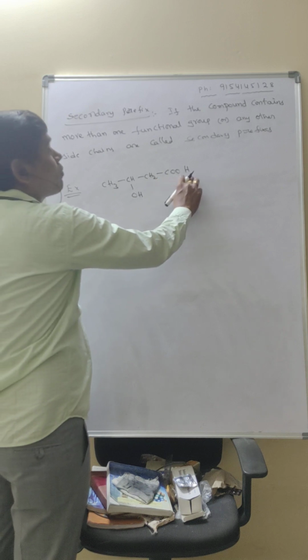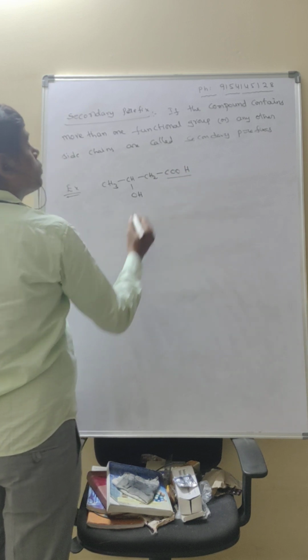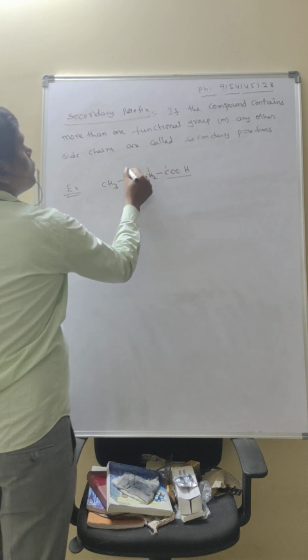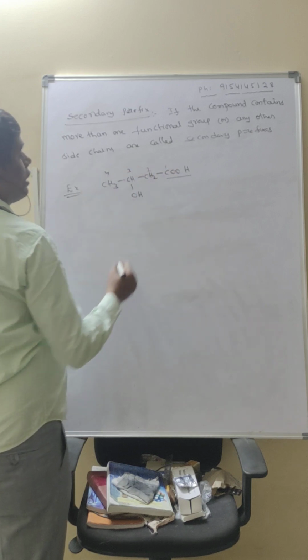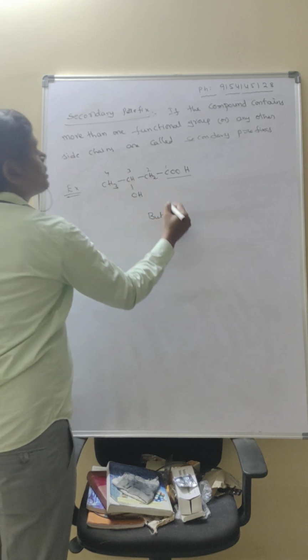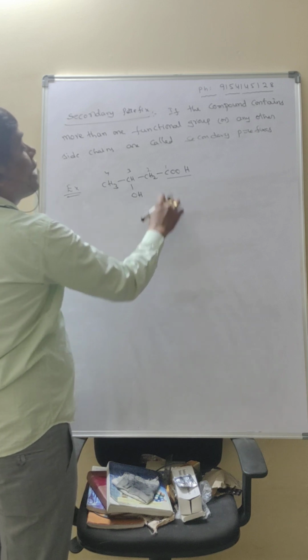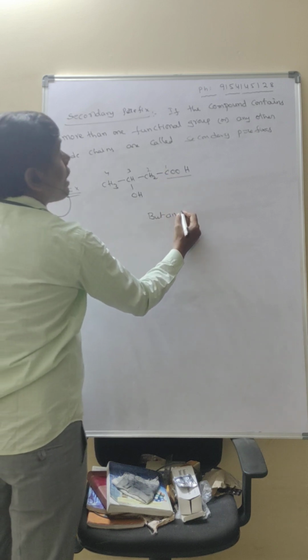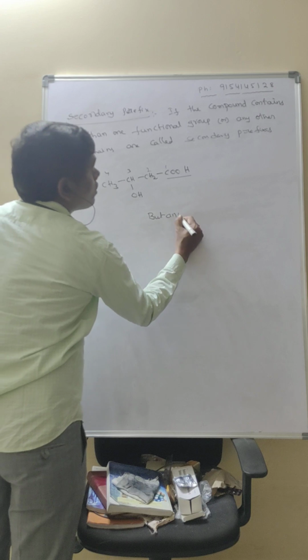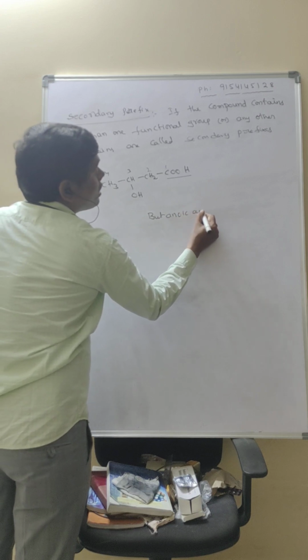COOH acts as the main functional group because it has the highest priority. So 1, 2, 3, 4 carbons are there, so its name is but. All are single bonds means ane. Remove the last letter e and write the functional group name as secondary suffix, oic acid: butanoic acid.